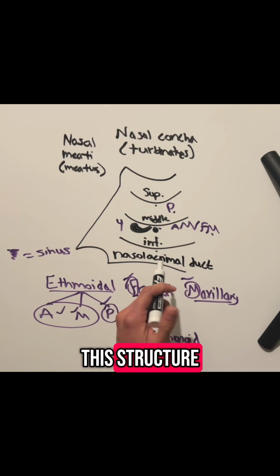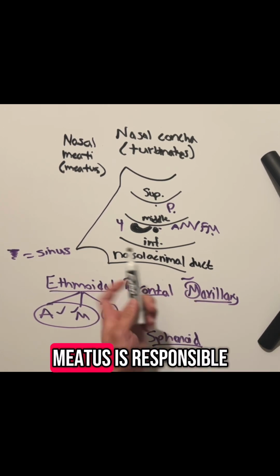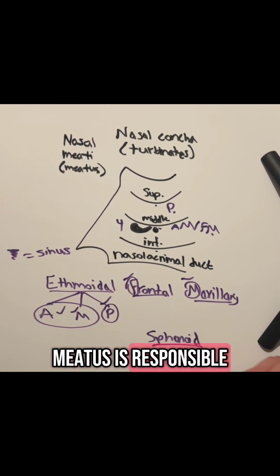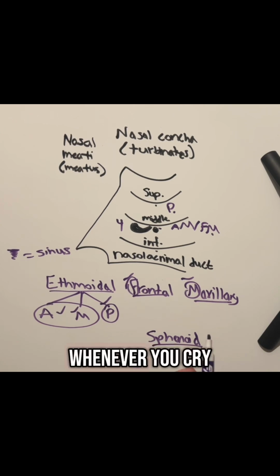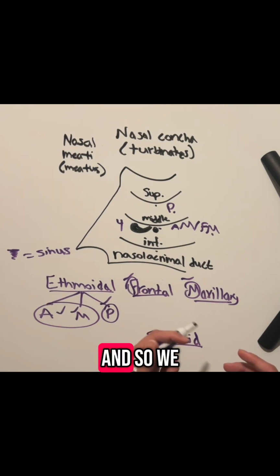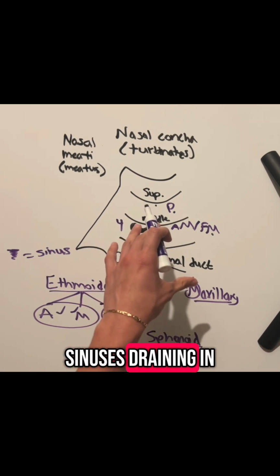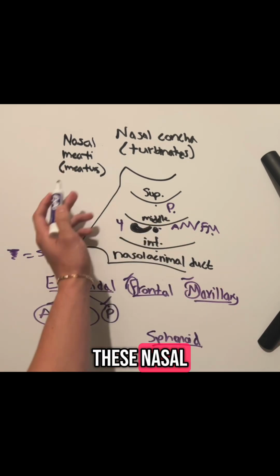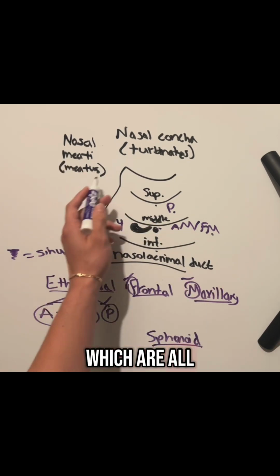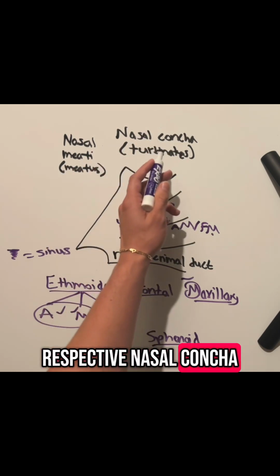This structure draining at the inferior nasal meatus is responsible for whenever your nose runs, whenever you cry. And so we have 5 total sinuses draining in these nasal meati, which are all associated with the respective nasal concha or nasal turbinate.